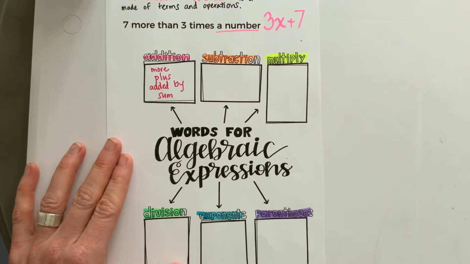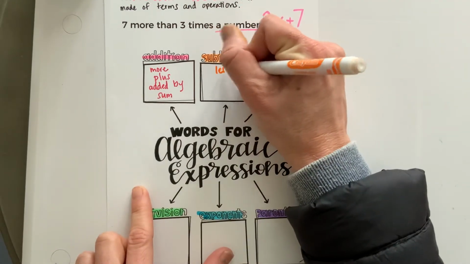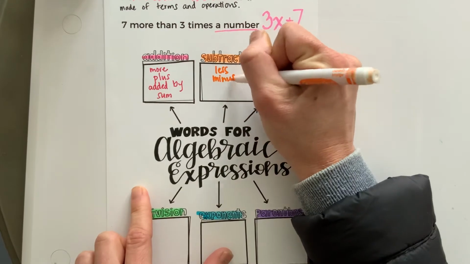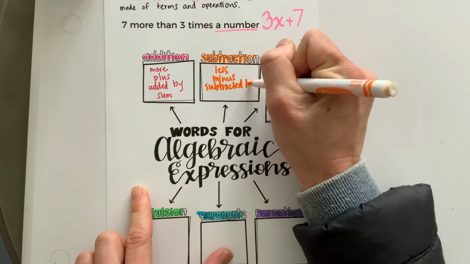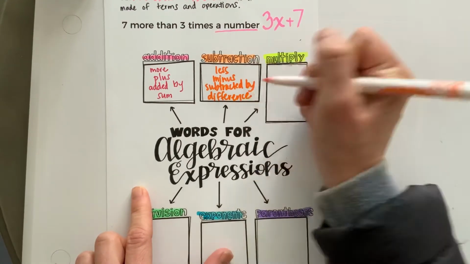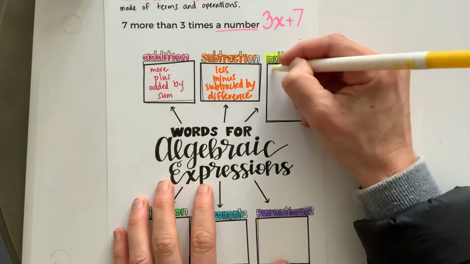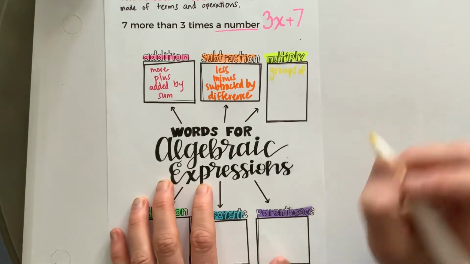All right, so subtraction, some clue words you might see would be less or less than, maybe minus, maybe subtracted by, or maybe the difference, which we know is the mathematical term for subtraction. All right, multiply. We know that some clue words might be groups of, that one's my favorite.